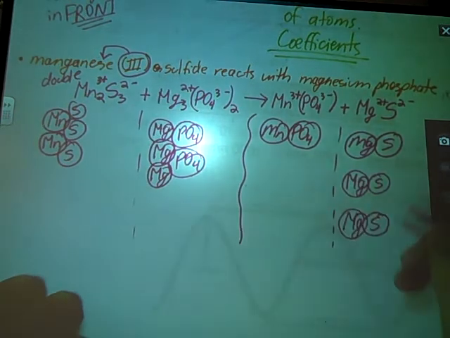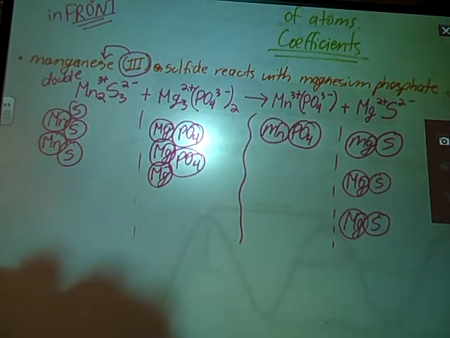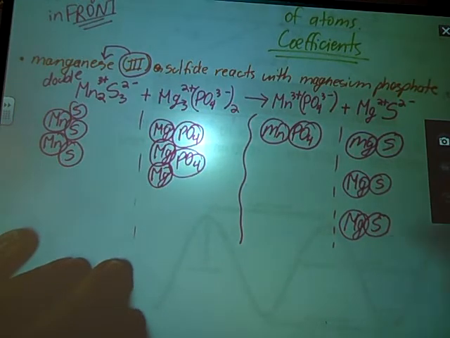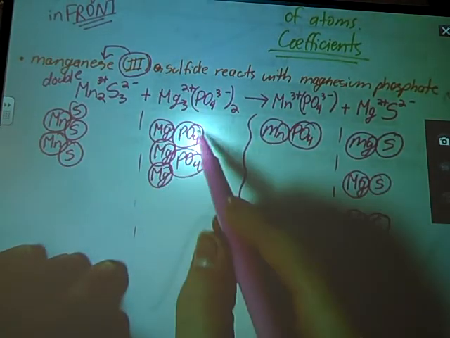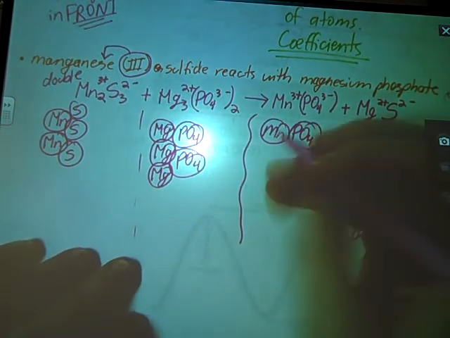This is just like having to put the coefficients in front of the compound. You can't go having just somebody's leg. You got to have the whole person. So sulfurs, check. Magnesiums, check. Oh, that's exciting. Phosphori, phosphoruses, whatever. Oh, those don't match.